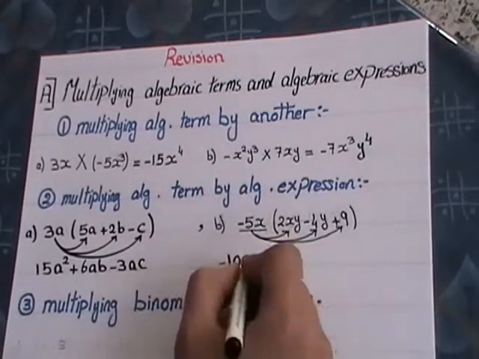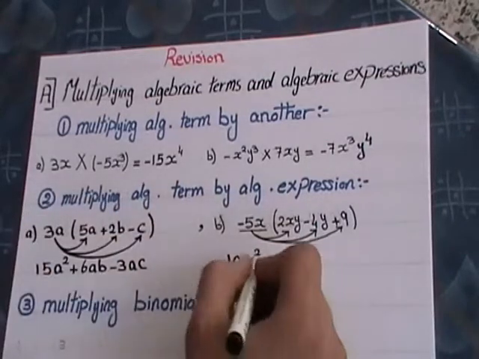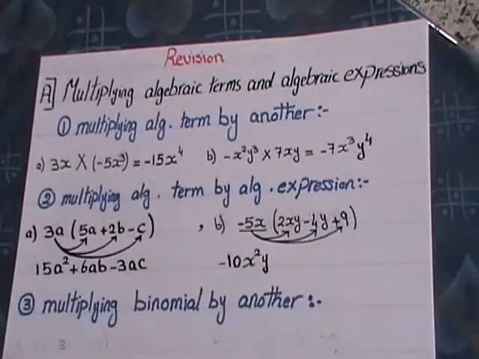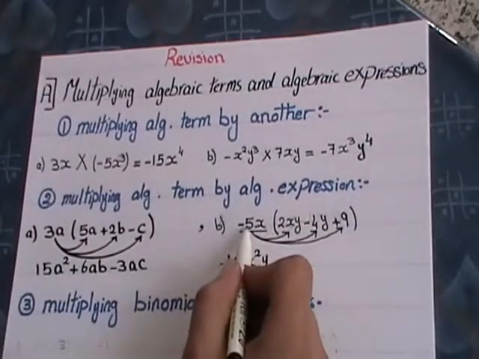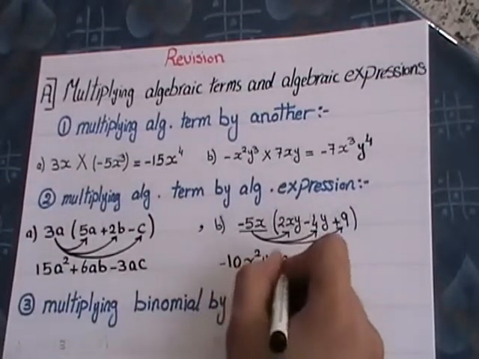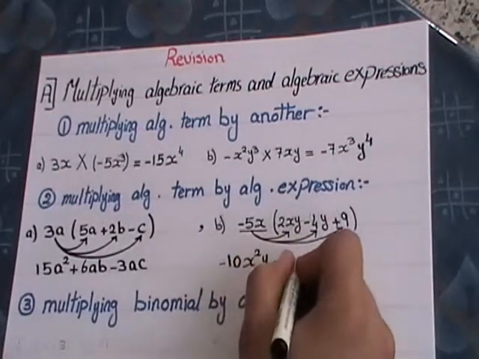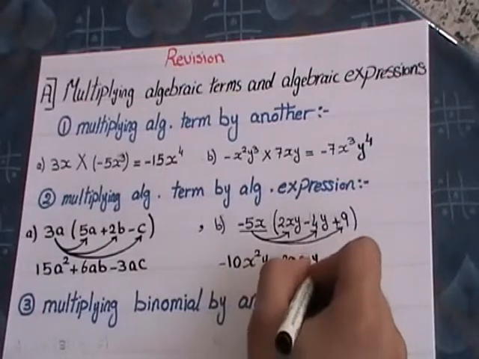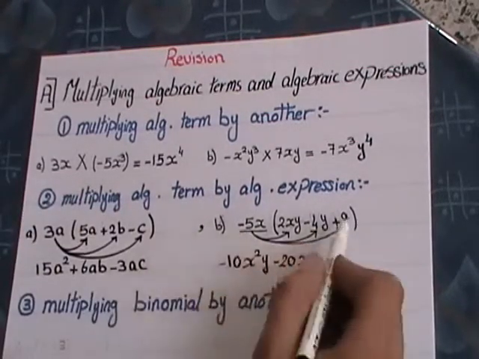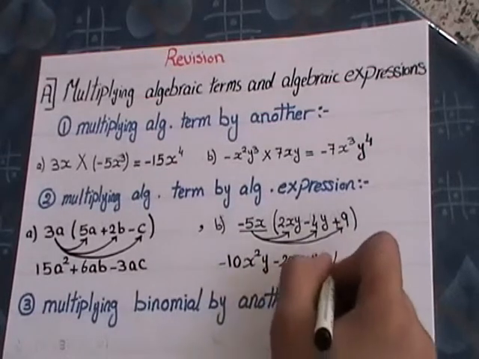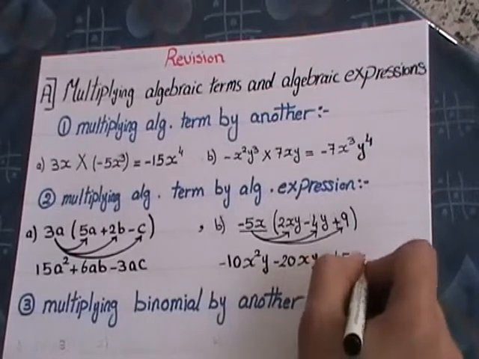Here x and here x, we add the power, becomes x power 2, and we don't have y in the other term, so we write y as it is. Then we start with the second term, negative 5 times negative 4 equals negative 20. And here x and here y, they are different, so we write x and y. And then we go into the third term, negative 5 times 9 equals negative 45. Then we write x.